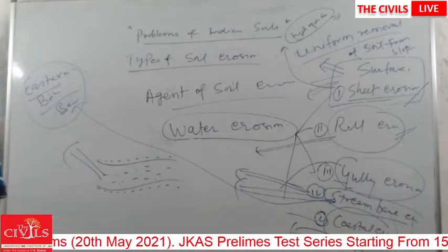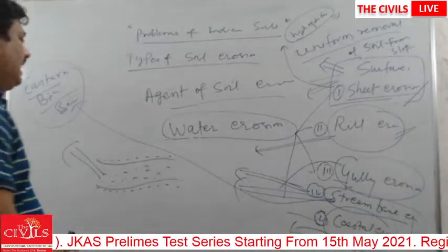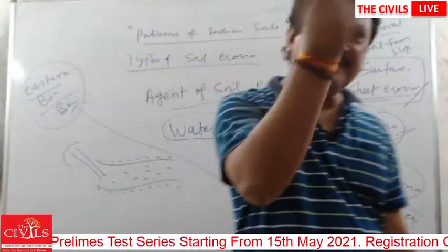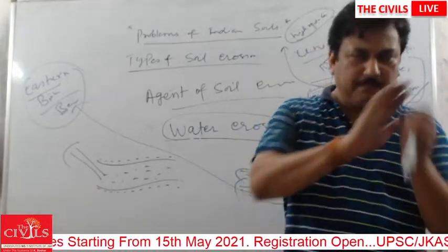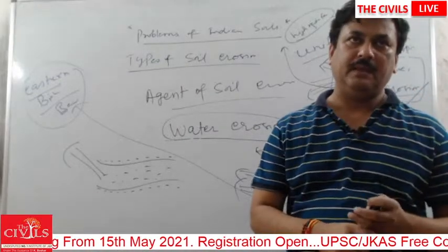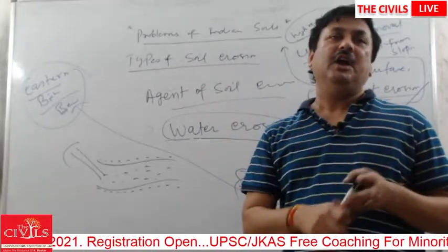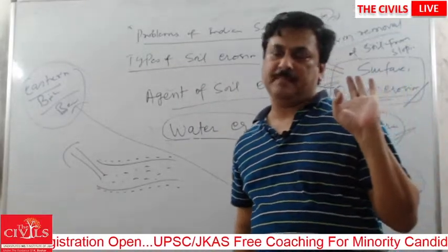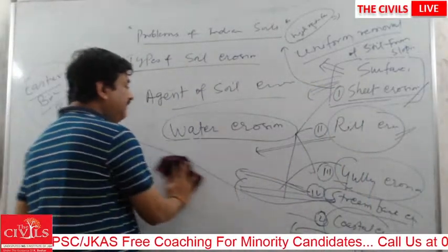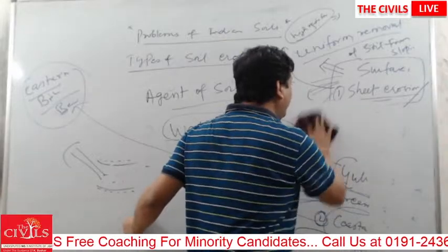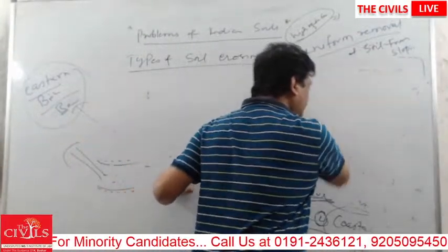Now the next is wind erosion. Very fine particles are blown by air, by moving wind, from desert areas or from areas where overgrazing is practiced. Wind erosion is the erosion of areas of loose soil.